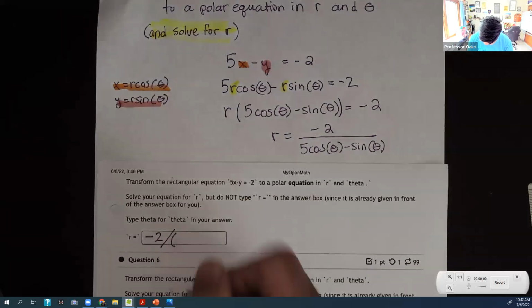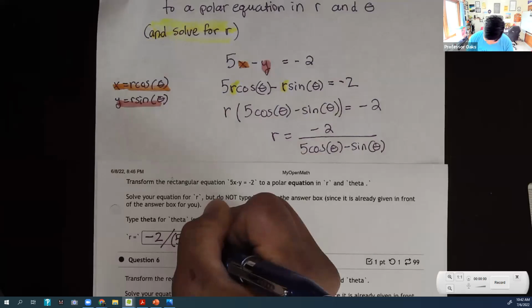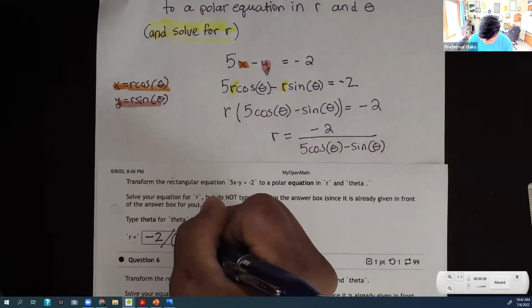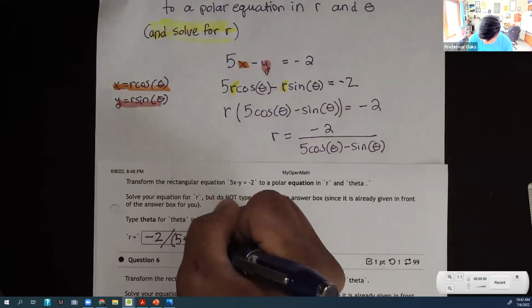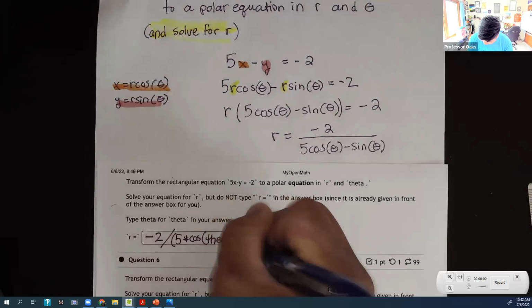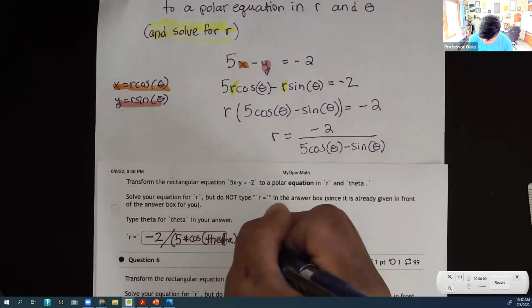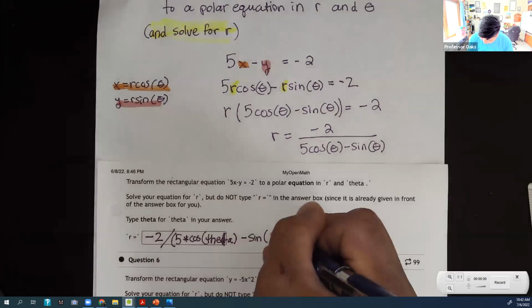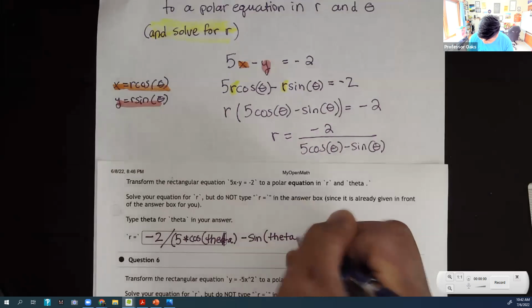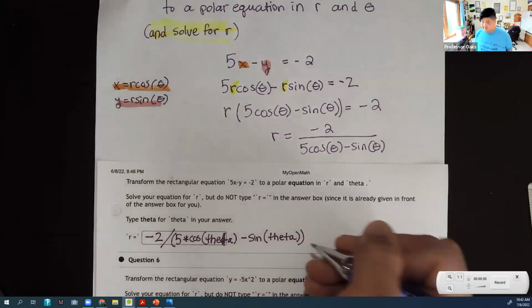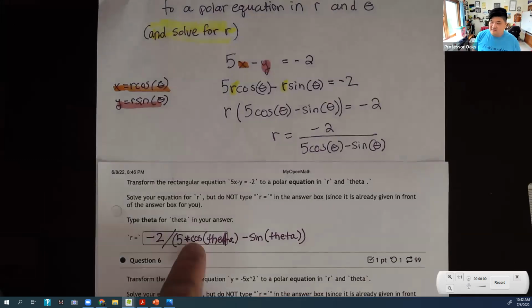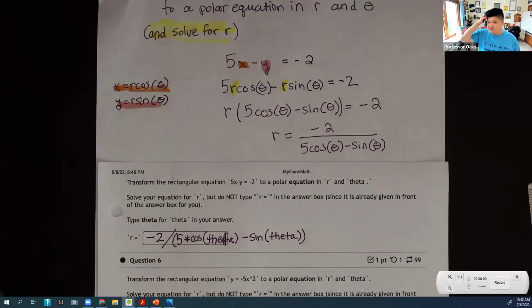So 5, and I'm pretty sure you have to do it like cosine and then theta, and then minus sine of theta like that, or else it might do something really weird. If you don't put the times right there, I'm being honest, I think it does something a little bit weird, because I did it the other day to double check. But do you have any questions about that one?